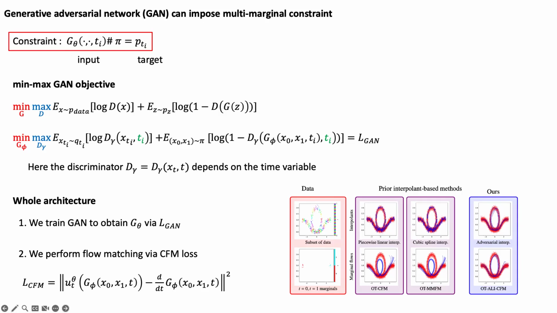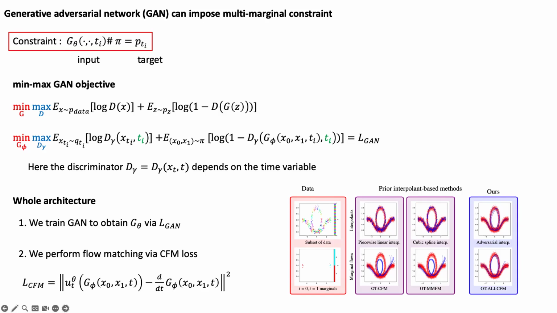And this color means the time. If you look at this piecewise linear, it means what I just mentioned before. If you have multiple points, you do flow matching, flow matching, flow matching. This is piecewise linear.